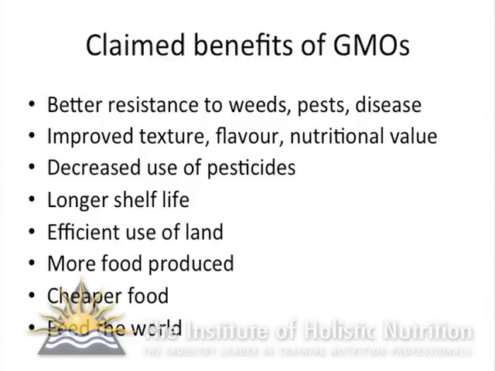An efficient use of land, perhaps. Now we can start planting our corn rows closer together, right, and get more out of the land. Again, is that a good thing? Not necessarily. More food produced, cheaper food, maybe, and so the big quote is, we'll feed the world, right?